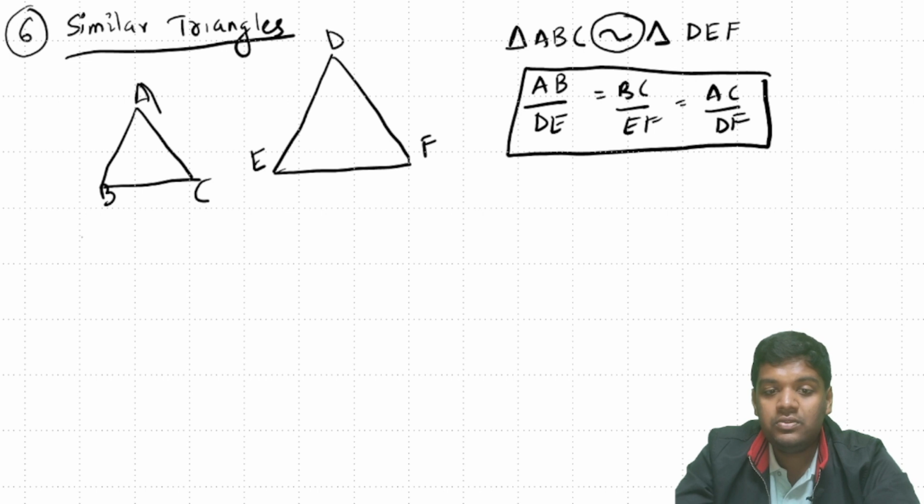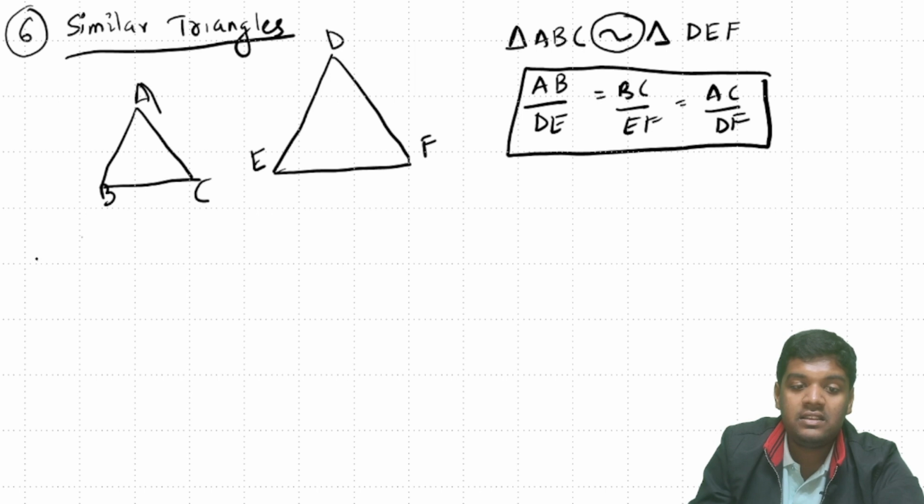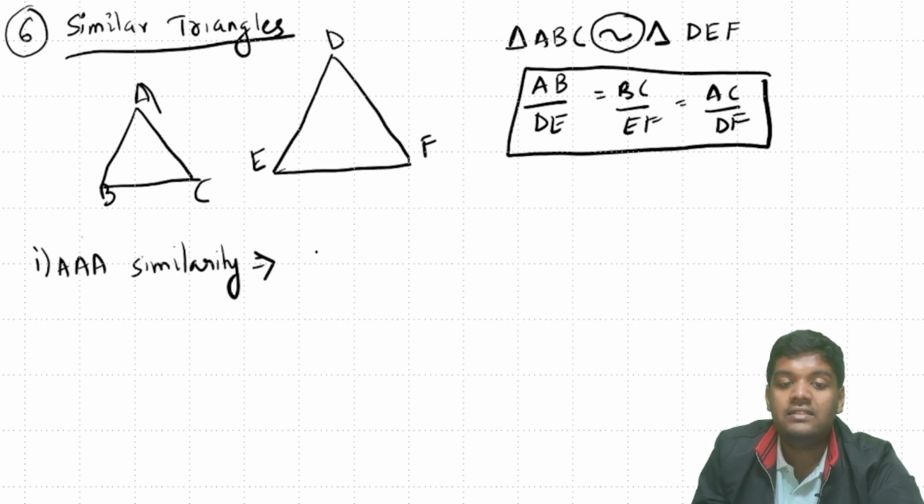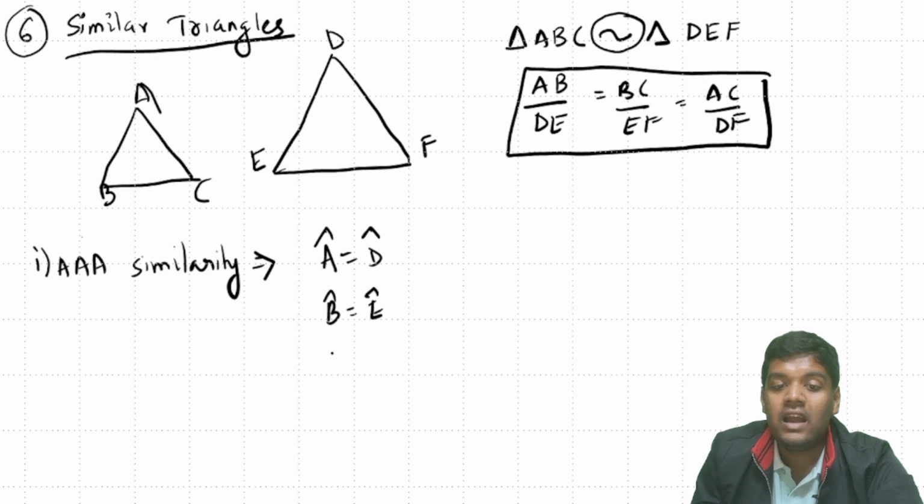There are some tests used to determine whether two triangles are similar or not. So the first test is angle similarity. In angle similarity, we will see whether the angles are equal to each other, all three angles. So angle A equals angle D, angle B equals angle E, and angle C equals angle F. Then we can say that the two triangles are similar to each other.